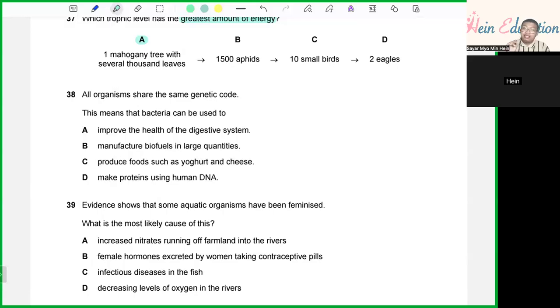It sounds correct, but it's not about having the same genetic code. We just use bacteria to produce cheese and yogurt, not because of the same genetic code. And we can make protein using human DNA. Yes, this is correct, because we use bacteria to produce insulin, growth hormones, and vaccines.